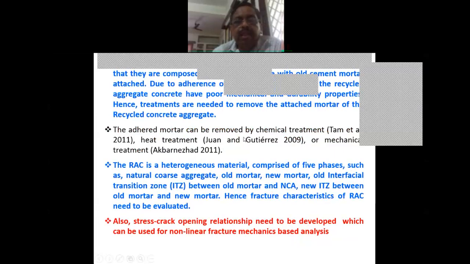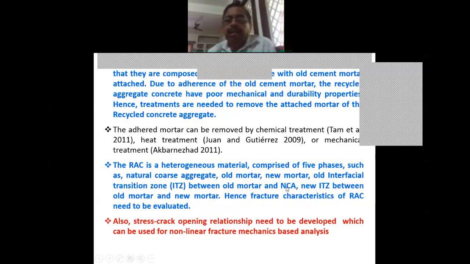Normally these aggregates contain old aggregates and old mortar, and when we use them in concrete, heterogeneous phases will be present, like old mortar, new mortar, old interface zones, and the interface between the mortar and the concrete aggregate and other things. So this has a number of layers.